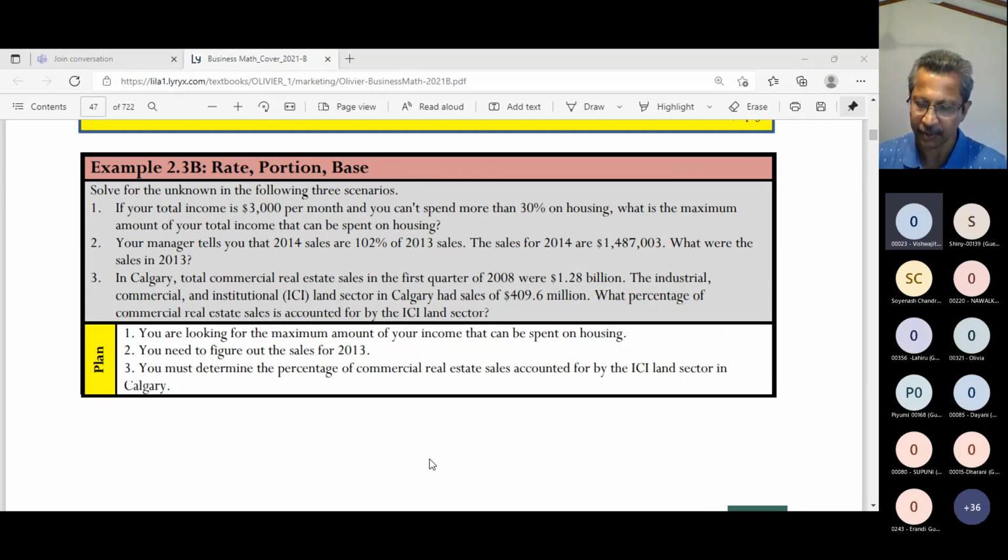This is out of 1.28 billion. What percentage of commercial real estate sales is accounted for by the ICI sector? We'll go to the board and do it.